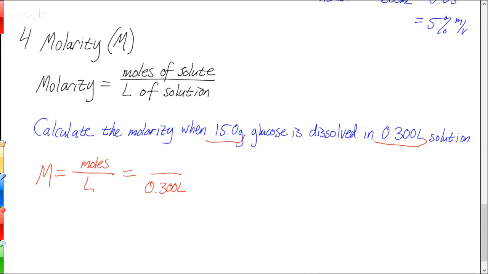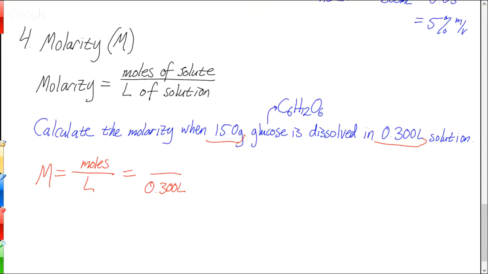So the formula of glucose is, we could look it up, C6H12O6. So you could add that all up, 6 carbons, 12 hydrogens, 6 oxygens.